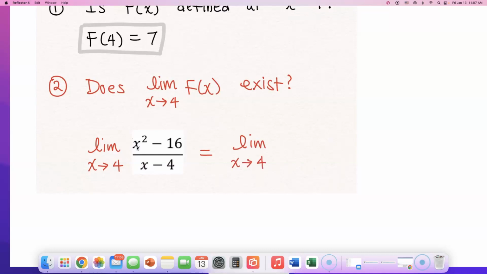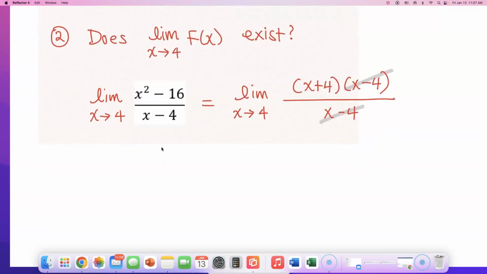Take a look. I'm going to factor the numerator. X squared minus 16 factors into x plus 4 and x minus 4. Well, there's that x minus 4 in the bottom of the fraction that we can cancel out now. So we cross out the x minus 4.